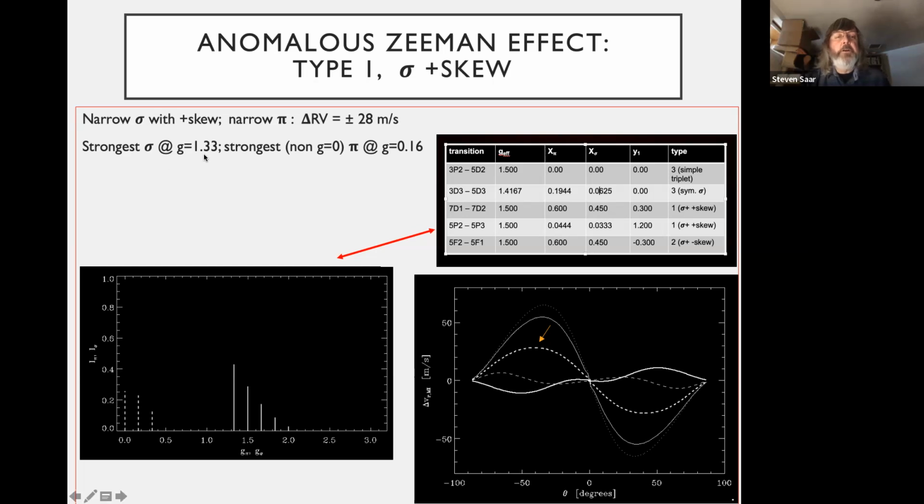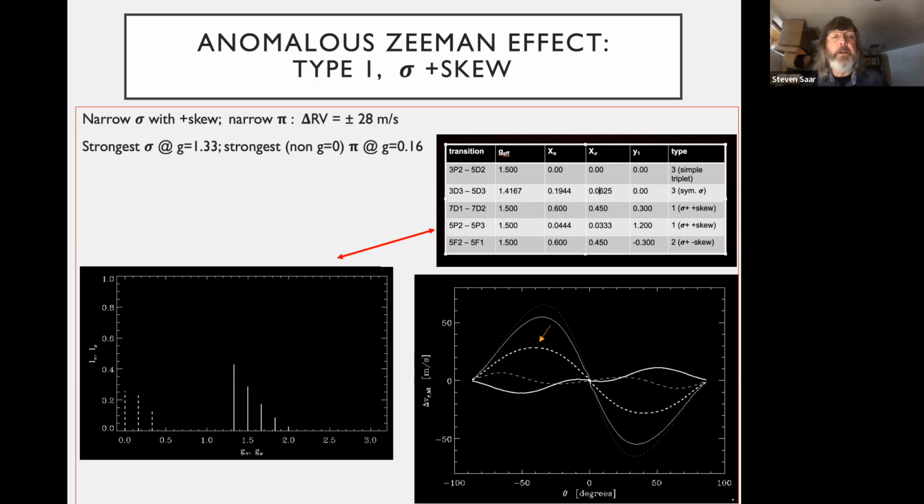A little different here is that the strongest sigma here is at G of 1.33, and the strongest pi that isn't at 0 is just slightly shifted at 0.1. And this one has a somewhat larger RV amplitude, 28 meters per second.